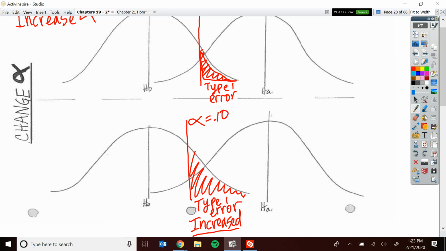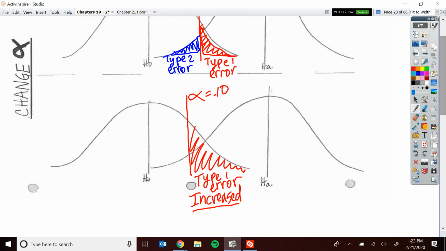Okay. So now, what is happening over here? This review, we know what's going on over here. The probability of our type 2 error. I'm doing mine in blue all the time. Type 2 is in blue. So what happened when type 1 went up?